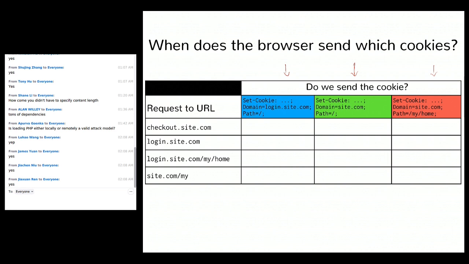Right. So if we make a request to checkout.site.com, which of these cookies do we end up actually sending? Do we send the login.site.com cookie, this first cookie, or not?